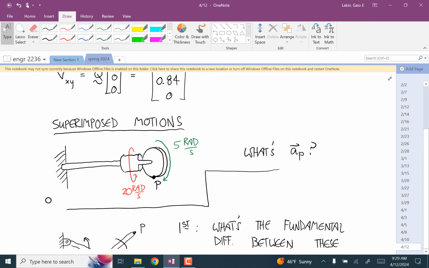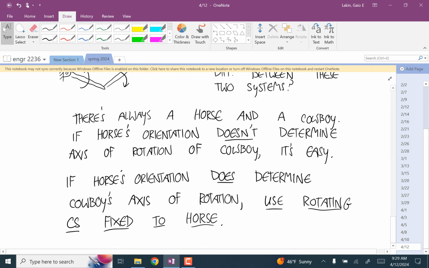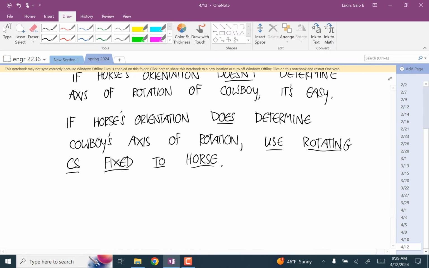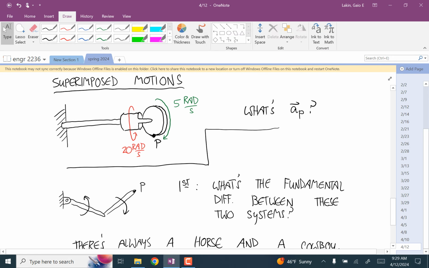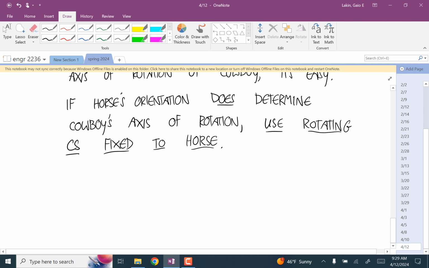Okay, so let's see how this works. So we're going to use a coordinate system that is, okay, so the horse in this case is the body with the rotation drawn in red.